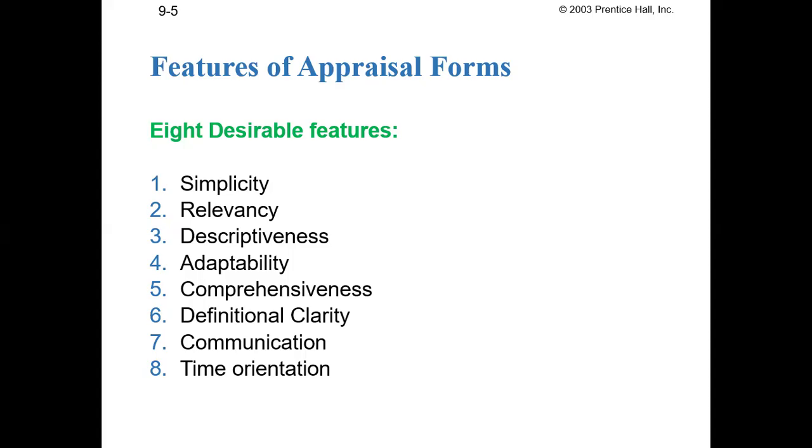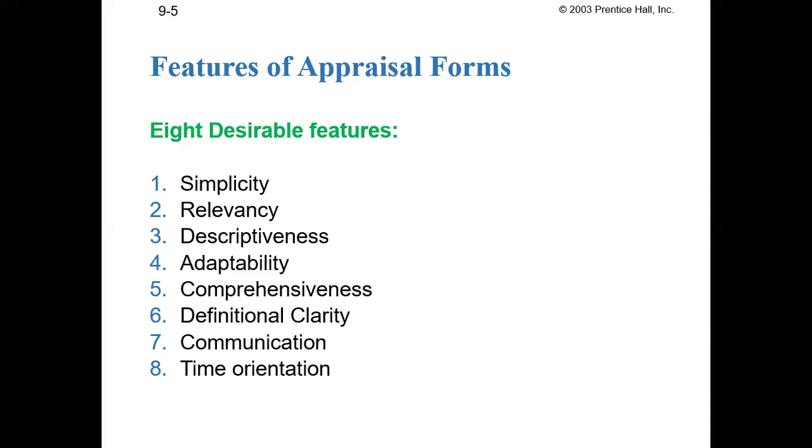Okay, there's also comprehensiveness, and this includes all major areas of performance for a particular position for the entire period. So it should be comprehensive enough. It shouldn't be leaving out certain parts of what needs to be appraised. Then there's communication. This means the meaning of each of the components of the form must be adequately communicated to all people who are participating in the evaluation process.